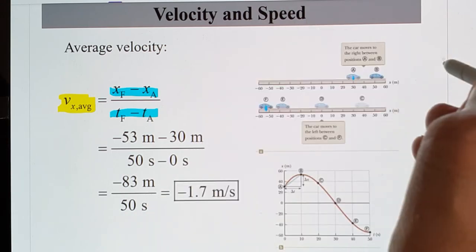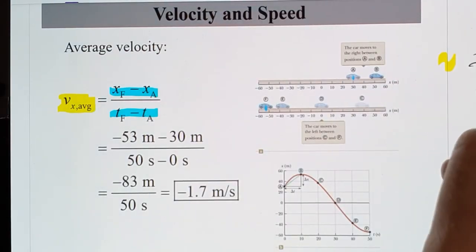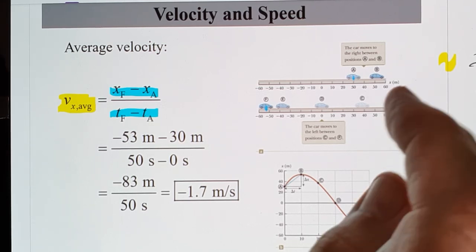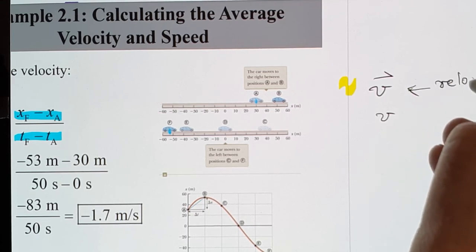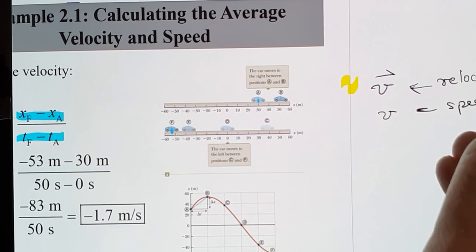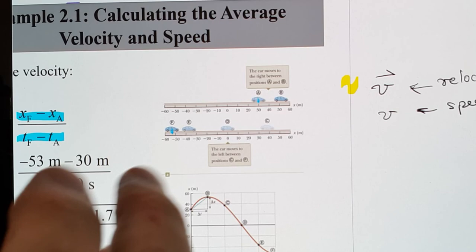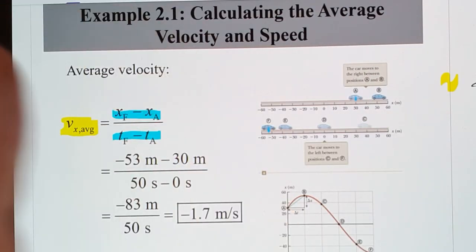In other books, it's very simple: this is velocity and this is speed. He himself sometimes used the same symbol for velocity and speed.